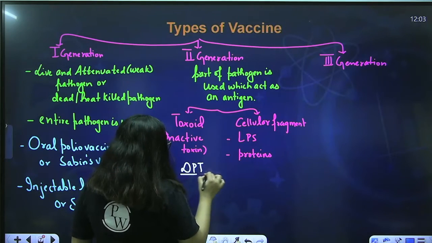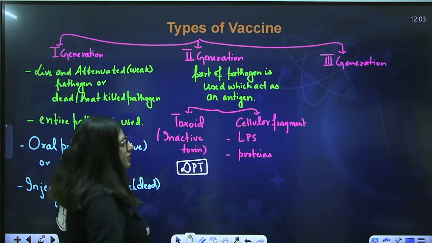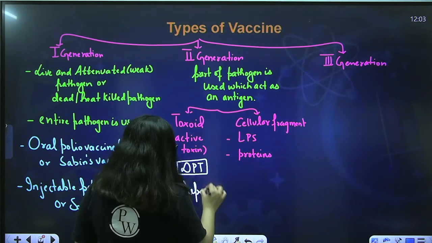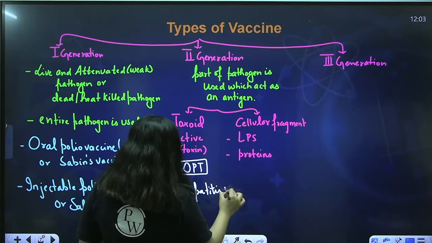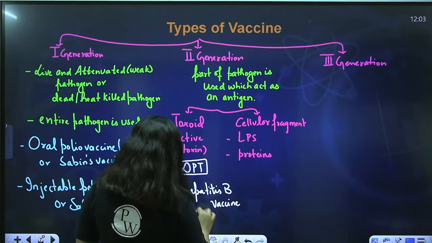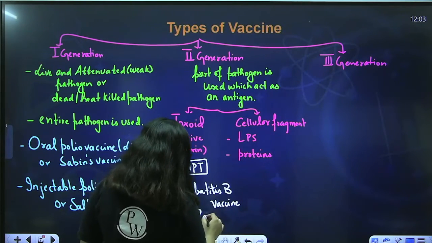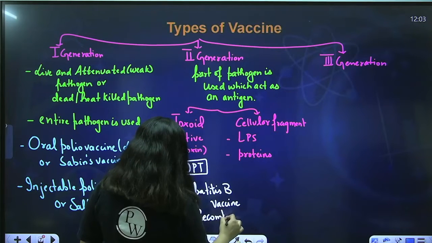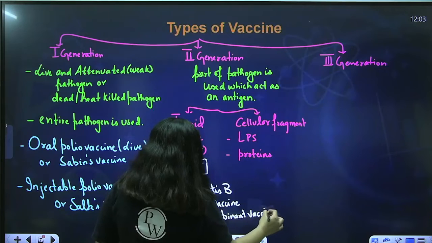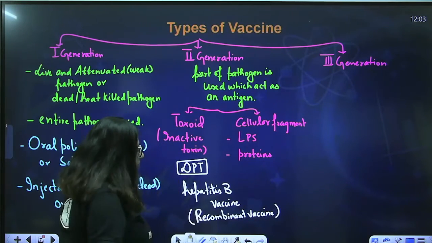DPT is for diphtheria, pertussis and tetanus. This is one vaccine. Another example is the hepatitis B vaccine. But the hepatitis B vaccine is a recombinant vaccine. What is a recombinant vaccine? I'll let you know very soon.